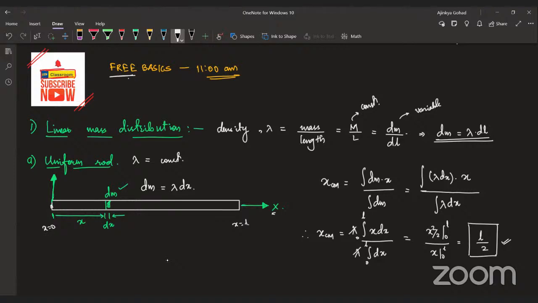We knew this. We knew that the center of mass of a uniform rod will lie at its center. But I just wanted to explain the method, how to solve such questions.